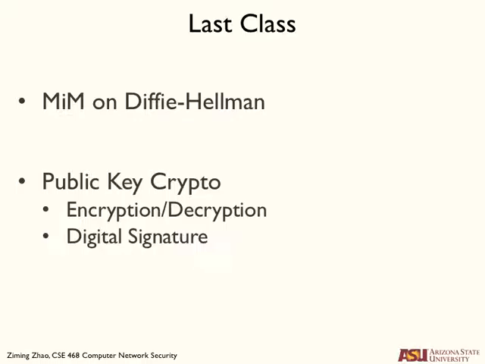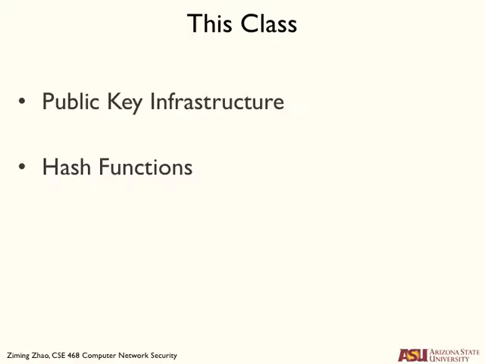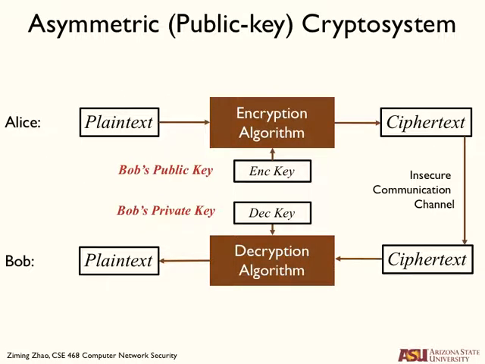The reason we usually do not use public key crypto to do bulk encryption is because it is relatively slow, so we just use it to exchange symmetric keys. This class, we will talk about public key infrastructure, just at a very high level, several important concepts there, and hash functions.